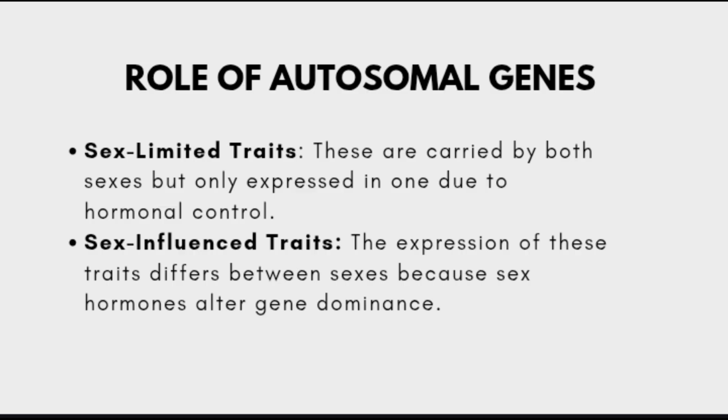Even though males have the genes for milk production, they do not express them because they do not produce the necessary hormone. On the other hand, sex-influenced traits are the traits that appear in both sexes, but their expression differs because male and female hormones influence how dominant or recessive the gene is.